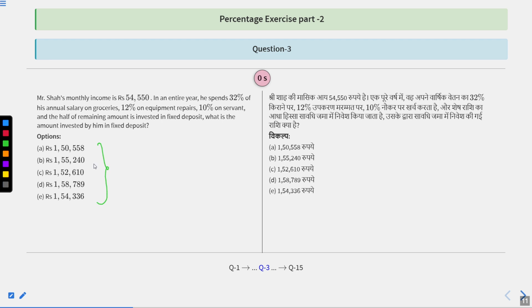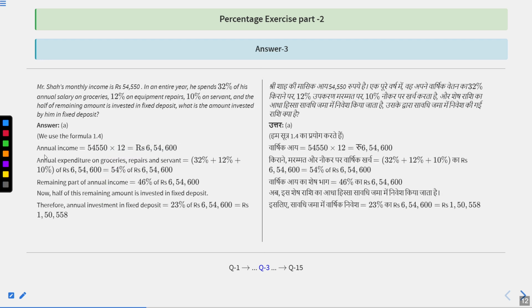Now time's up. Let's see the solution. Annual income will be 54,550 multiplied by 12, which is 6,54,600. In the question, it is given that annual expenditure on grocery, repairs and servant will be 32%, 12% and 10%, which is 54%. 54% of the 6,54,600.